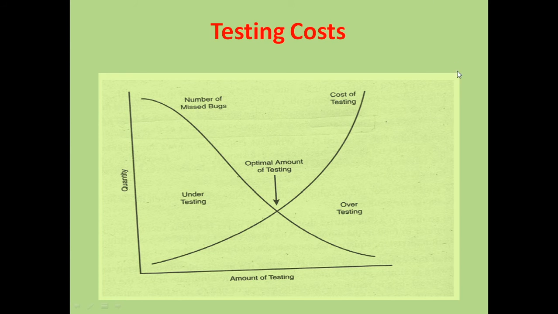Now, let us have a look at the testing costs. On the y-axis is quantity, and on the x-axis is the amount of testing. The number of missed bugs is highest when the testing is not done.